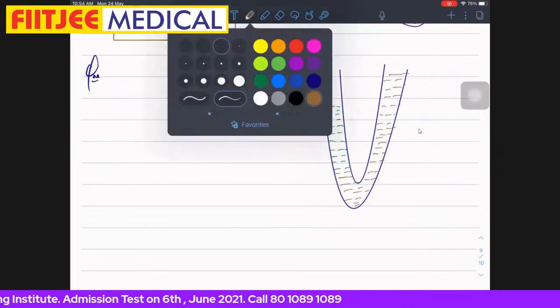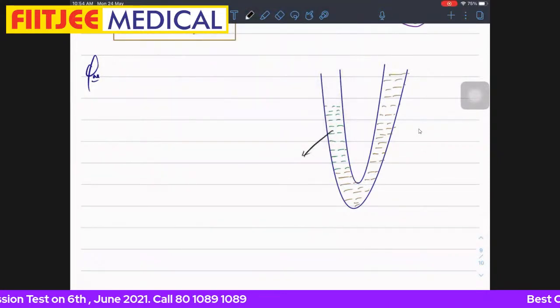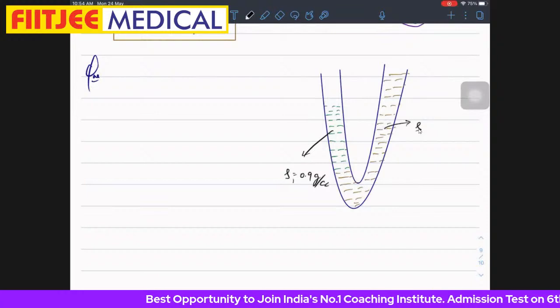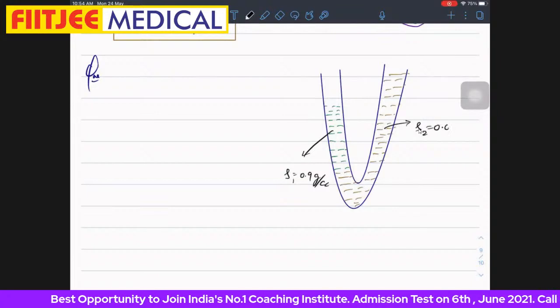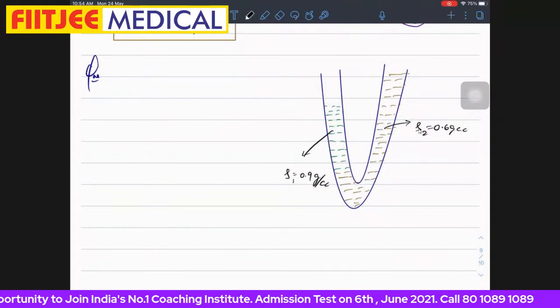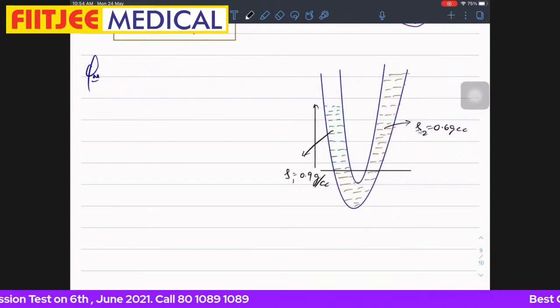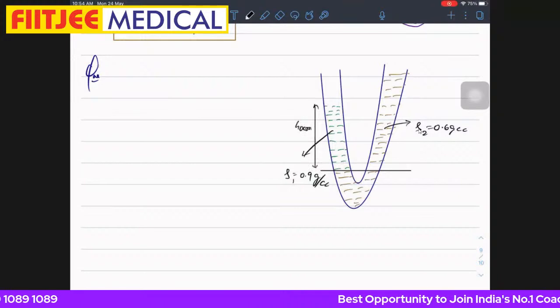Suppose this liquid has density of 0.9 gram per cc, and this one, this is rho 1, has density of 0.6 gram per cc. Suppose from the reference line, at the interface, this height is 40 centimeter. What will be the height in the other section?